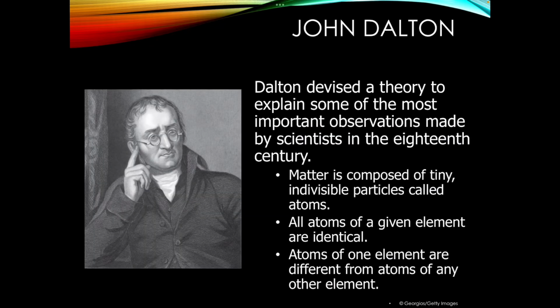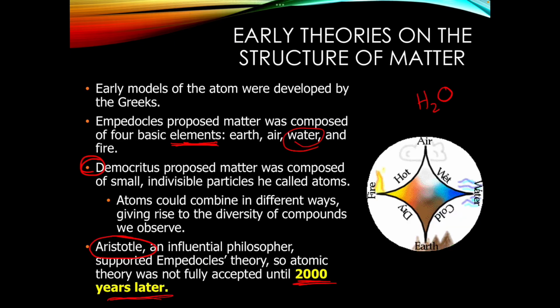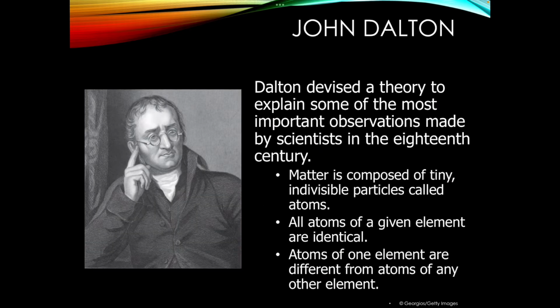All right, so let's go back to the atom. So John Dalton, so again, flash forward 2,000 years from where Democritus left off. He said, all right, if we keep tearing up this piece of paper, there's eventually going to be something so small that we can't tear it up anymore. John Dalton devised a theory to explain a lot of these observations that we were seeing in the 18th century. He said that matter is composed of tiny, indivisible particles called atoms.